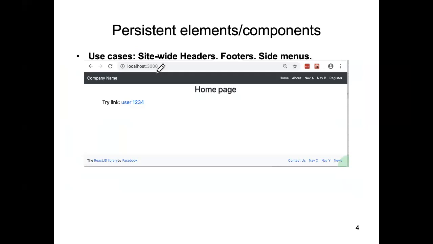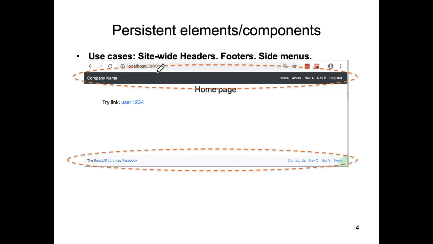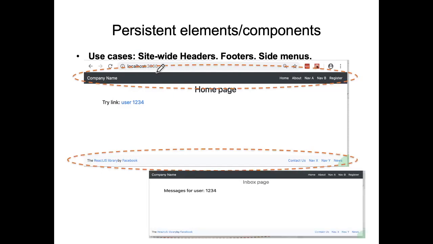There might be a registration page, a contact us page, etc. And for each of the pages, and I'm just showing you the home page here, we'd like to have this header on each of our pages, and we'd like to have this footer on each of our pages. We want that to appear in all of our pages. So how do we do that?